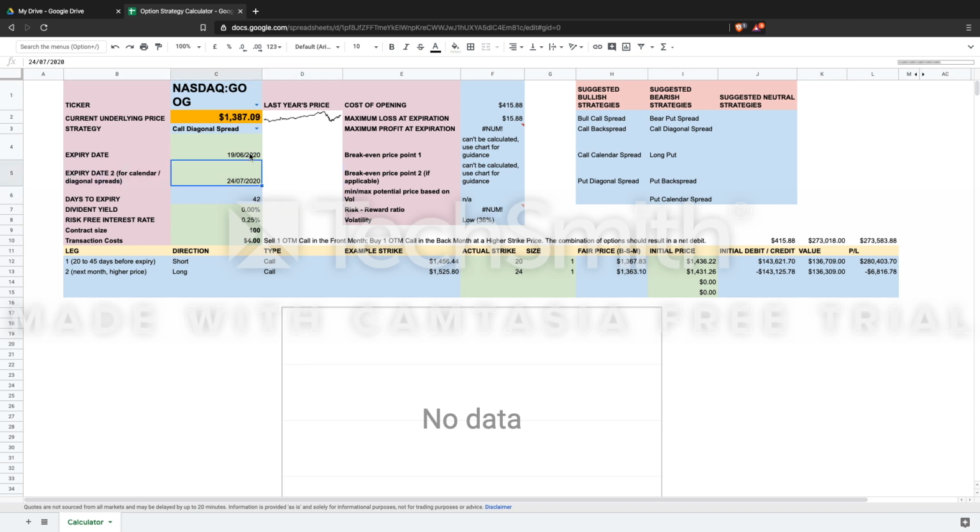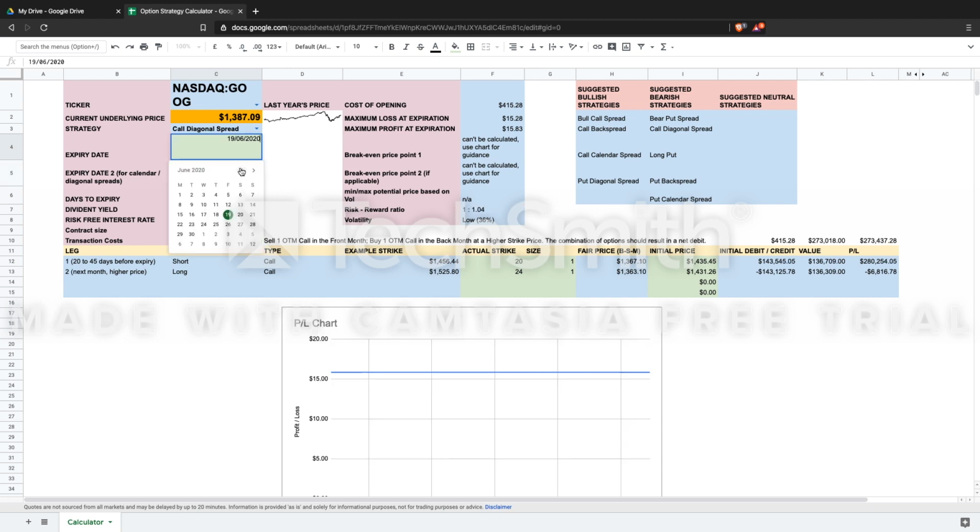In this case, we select expiry date of the 12th of June for the first leg, and expiry date of the 17th of July for the second leg.